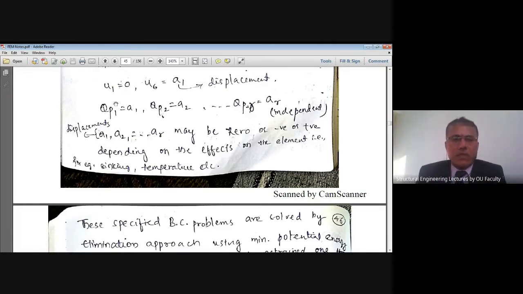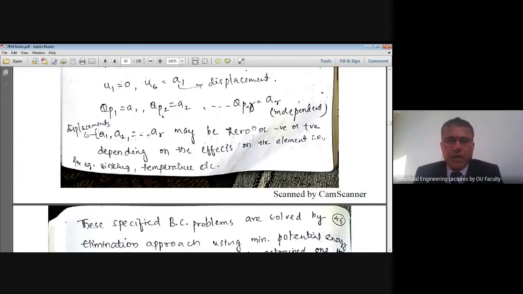Now the boundaries are specified as Q_P1, meaning the degree of freedom along the first boundary P1, is equal to a specified A1. Comparing with the above equation, A1 is equal to 0 here. Similarly, Q_P2 is equal to A2, up to Q_PR is equal to AR, where R is the number of independent constants.